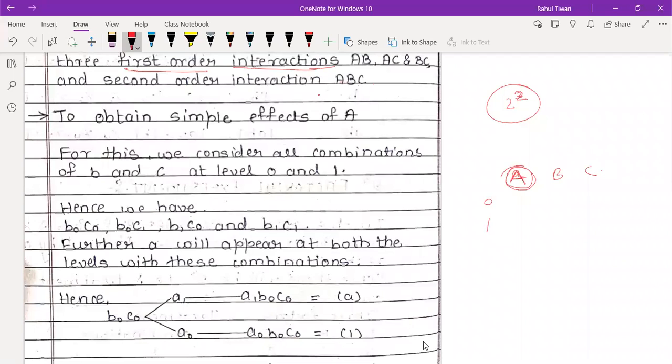How many combinations will you get in the case of B and C? One will be B with 0, C with 0, B with 0, C with 1, B with 1, C with 0, and last one B1, C1. So we'll get 4 combinations, and at all 4 combinations, we have to measure the effect of A at 0 and 1. That means A0, A1.